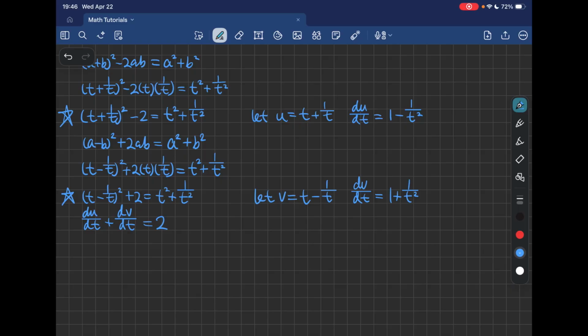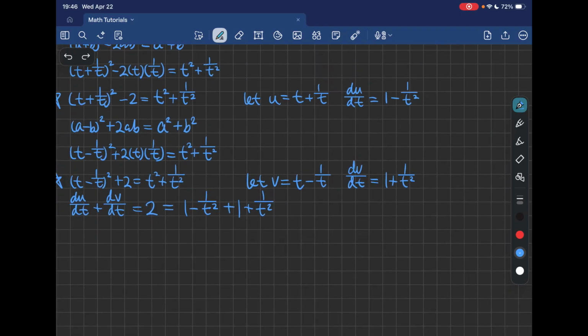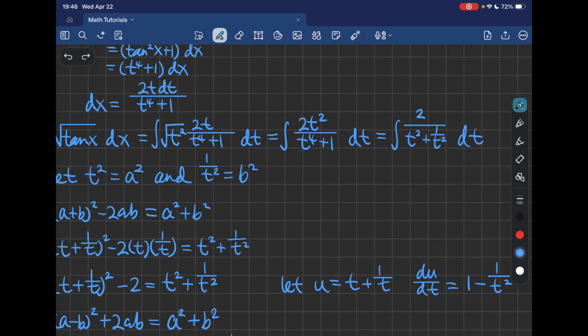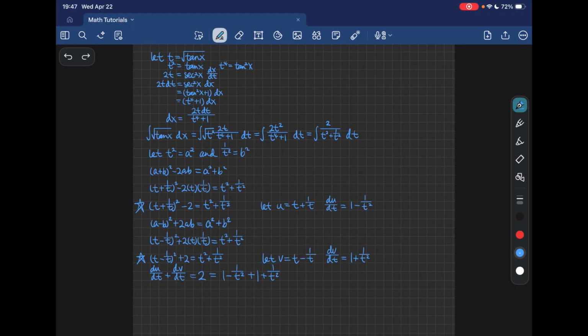Did you notice that we just managed to convert 2 into 2 polynomials? To write it out and make it clear for you, we managed to split the 2 into 2 polynomials, and they look kind of similar to this denominator we have here, and that will help us to split that into 2 integrals later.